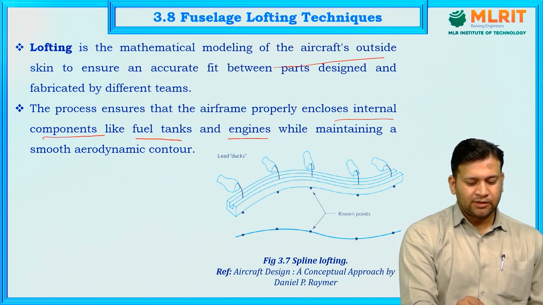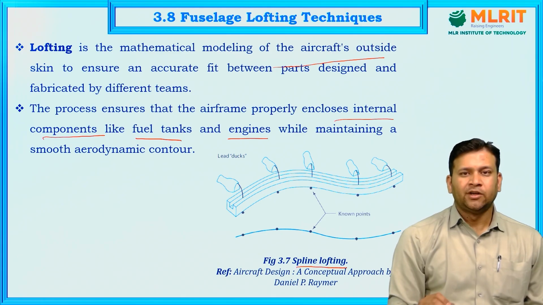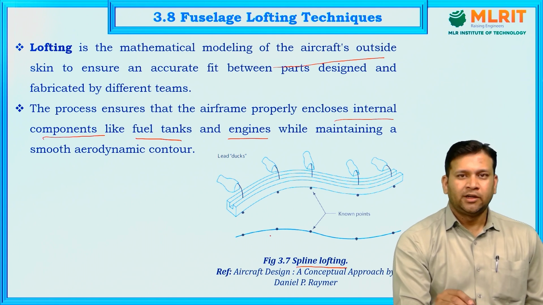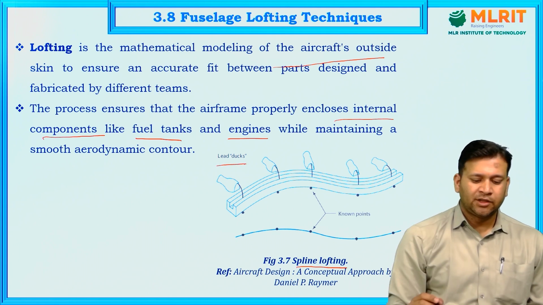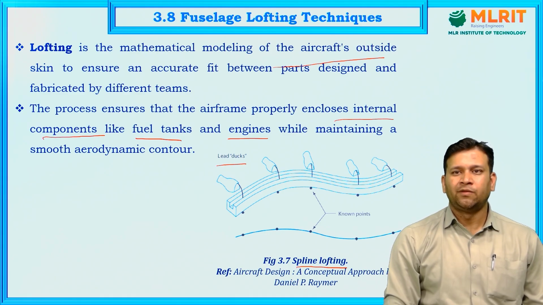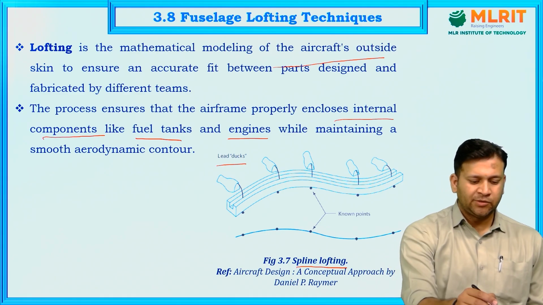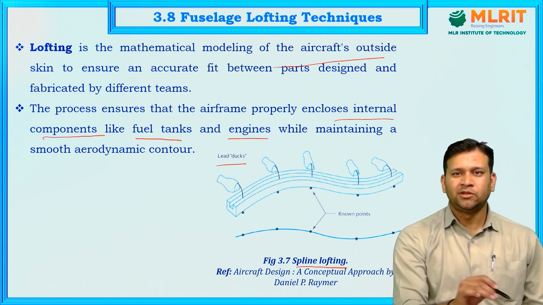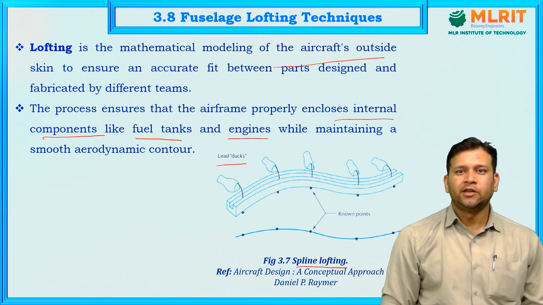This is a spline lofting figure which shows how these points are drawn, and these are the lead ducts, which give you a brief introduction on how a spline lofting is done. These points are known points because these are estimated points. We use equations to get these points, and once we get these points they are joined using a smooth spline.